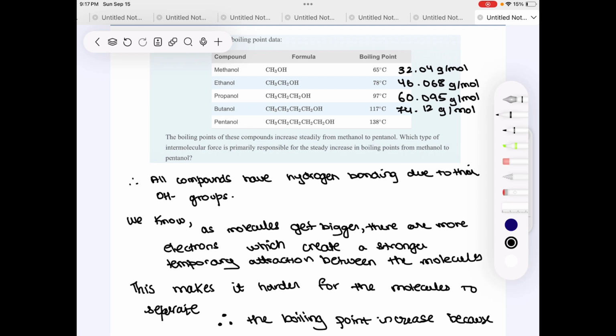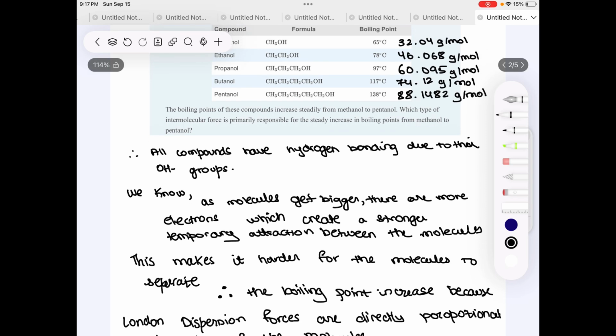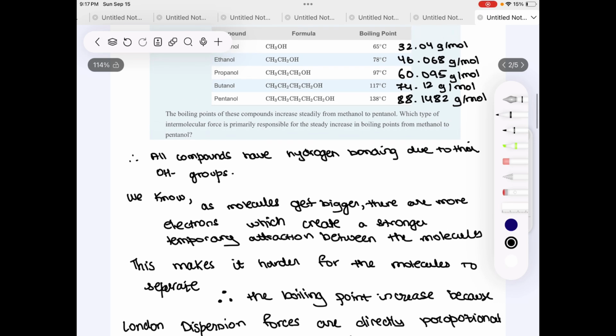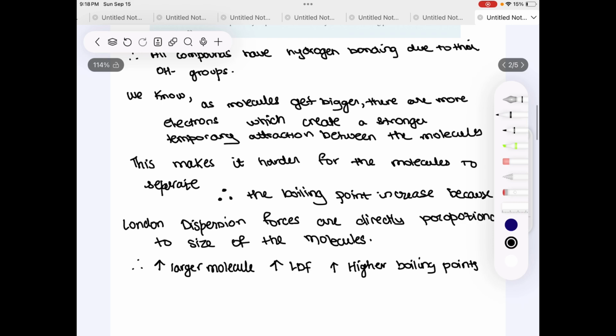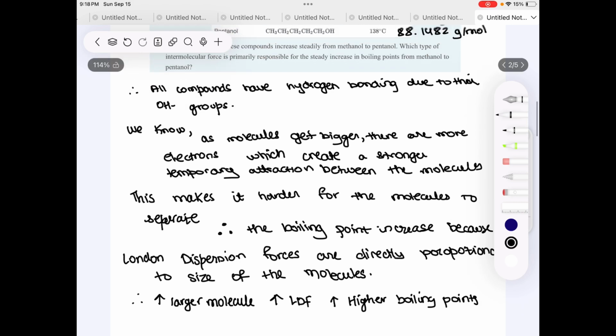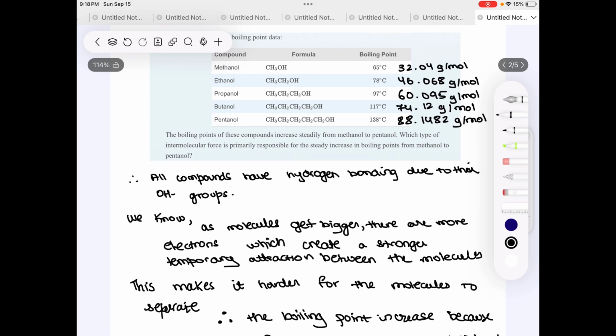And for pentanol, it is 88.1482 grams per mole. Therefore, the London dispersion force, or the intermolecular force, increased as the molecules were larger. Therefore, this explains the higher boiling points of the molecules from methanol to pentanol.